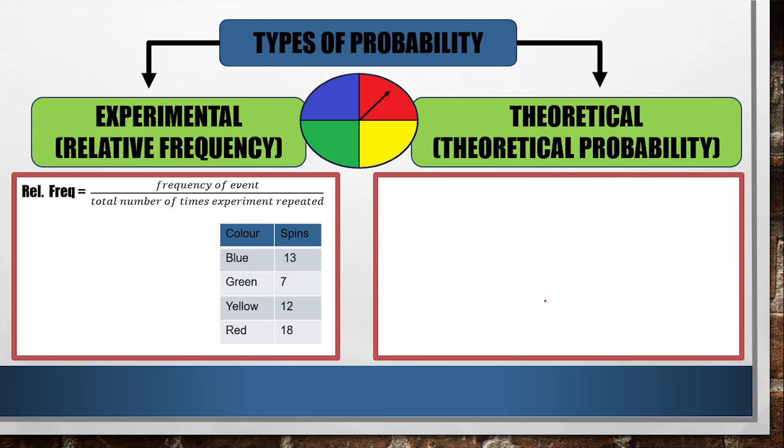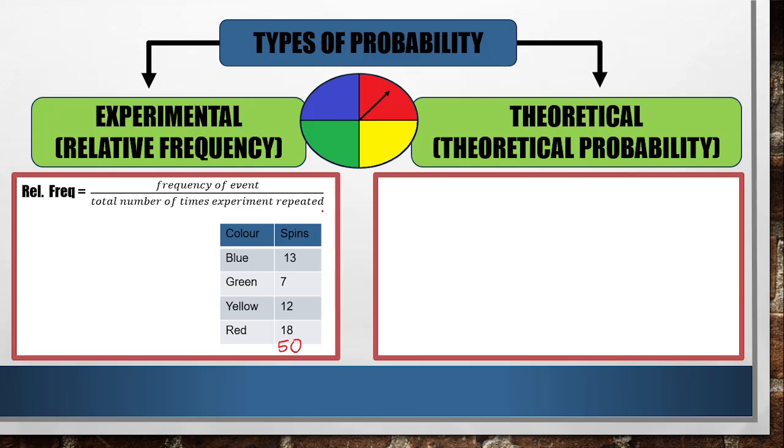So let's say that we spin the spinner, and with experimental probability, we go and we physically spin the top. So let's say we spun this thing and we got 13 blues, 7 greens, 12 yellows, 18 reds, and in total I spun it 50 times.